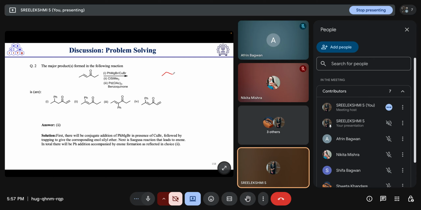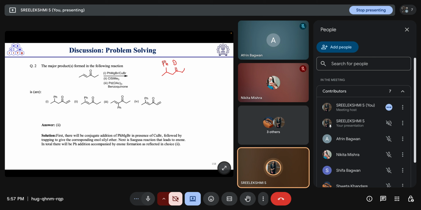So in the first step, the ketone will come, and in this fourth position, this phenyl ring is coming. So that will be the first one.